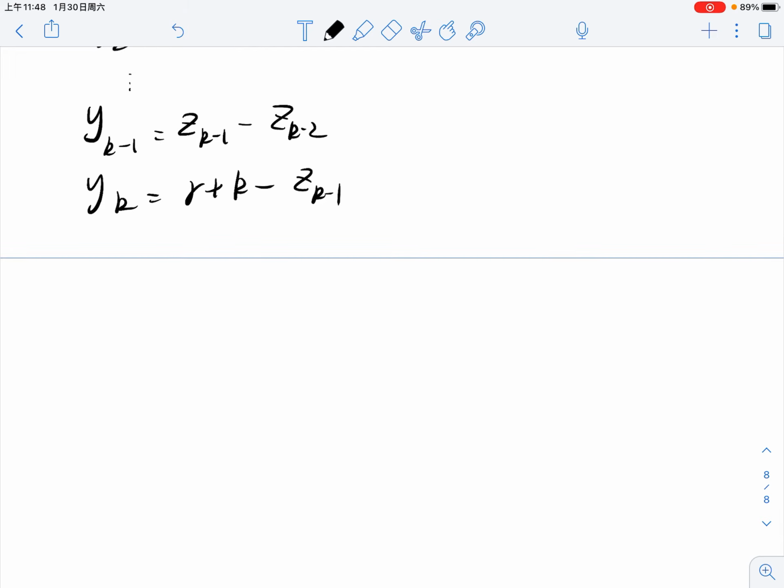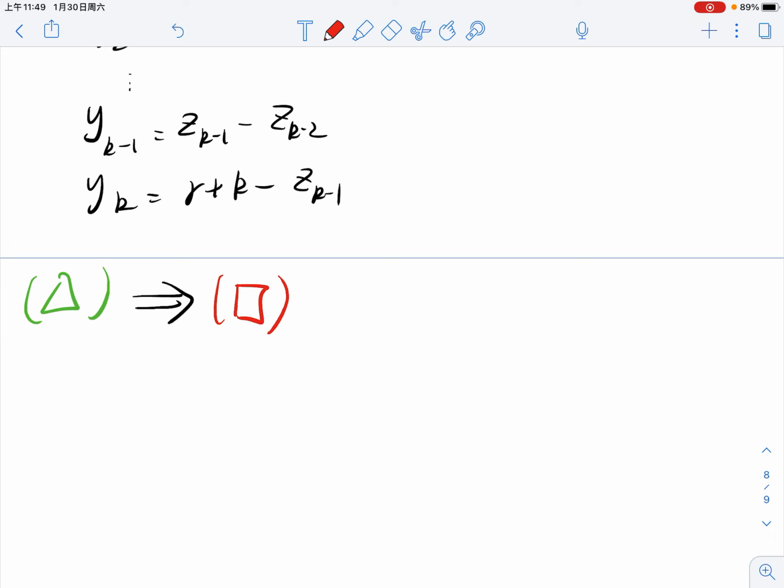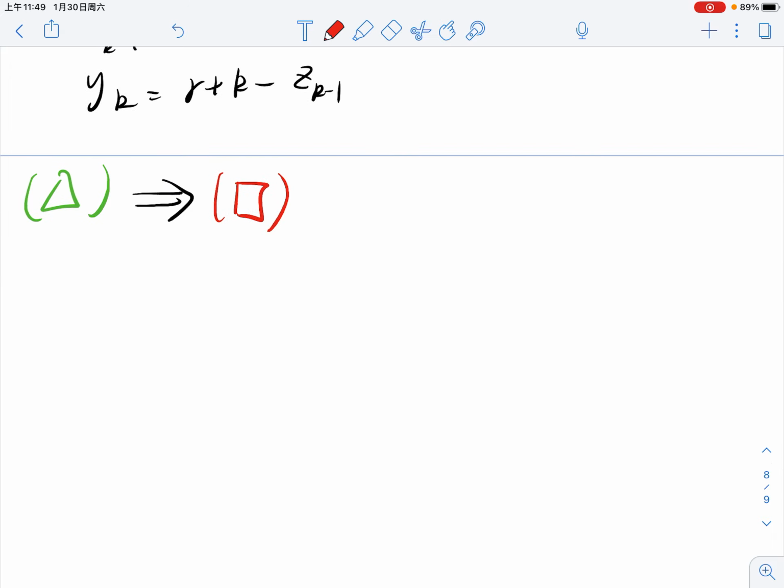And then the equation, the problem delta, can be transformed to a new one called, for example, square. So in square, what is the problem? You have 1 less than z1 less than z2 less than all the way to z(k-1) less than r plus k.